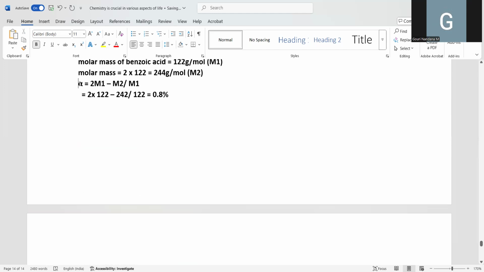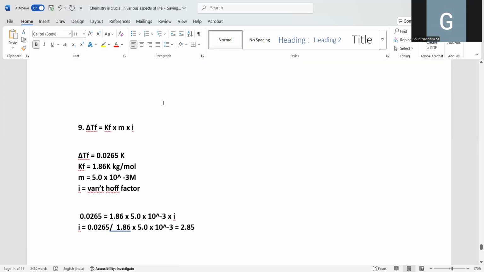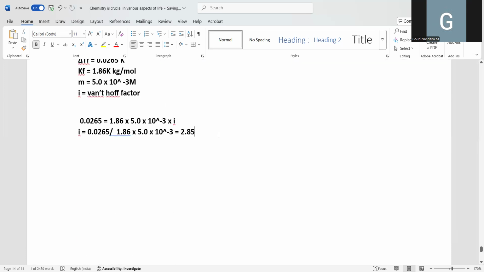And the degree of dissociation is alpha. According to Van't Hoff factor, we can say that I1 is equal to 1 plus alpha into (3 minus 1).